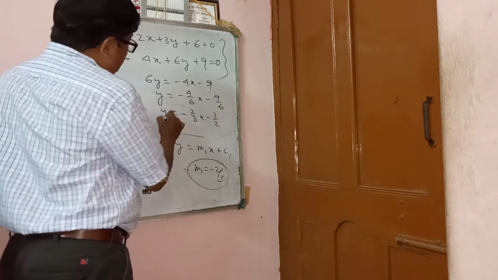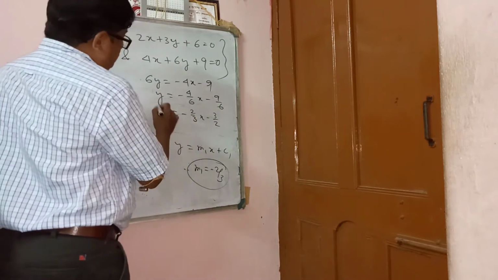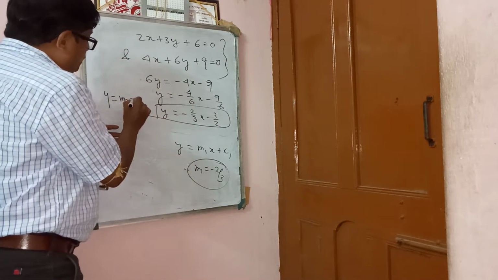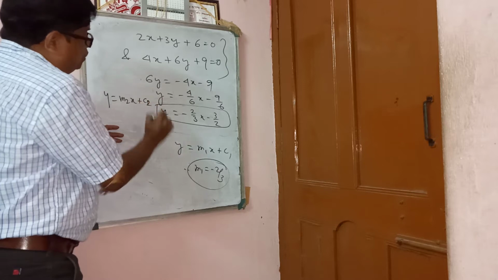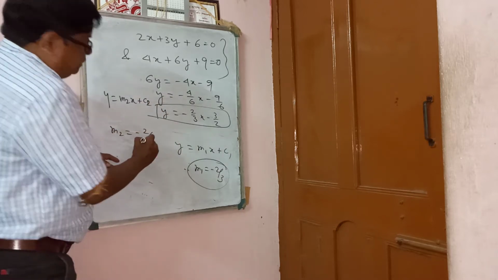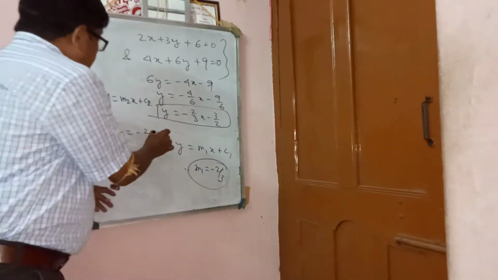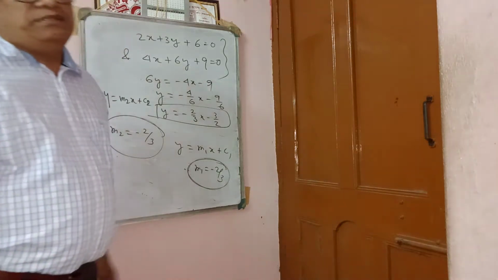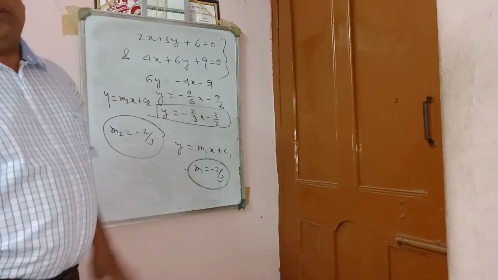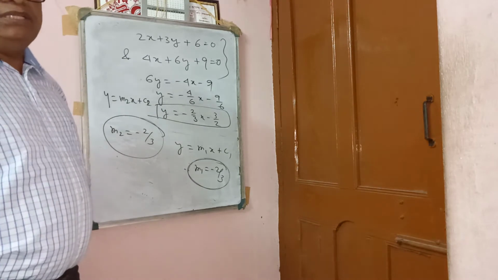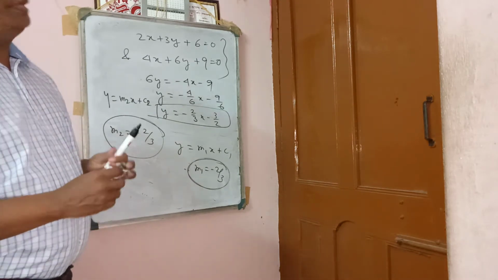If we compare with y equal to m2x plus c2, here m2 equal to minus 2 by 3. Here m1 is minus 2 by 3, here also minus 2 by 3. Gradients are equal, so the given lines are parallel.